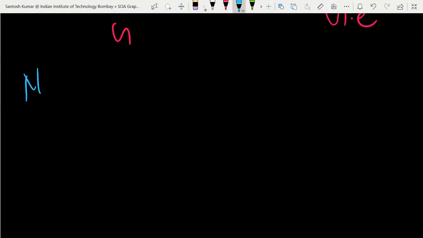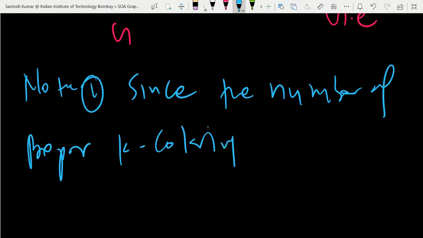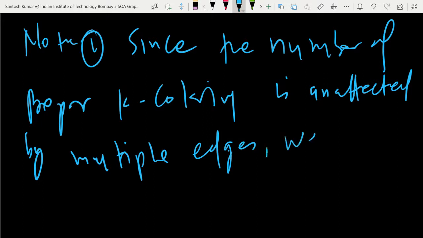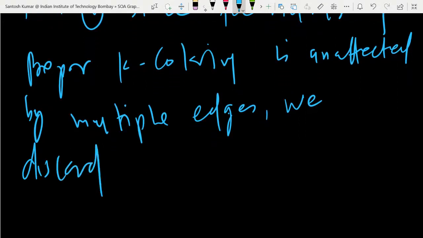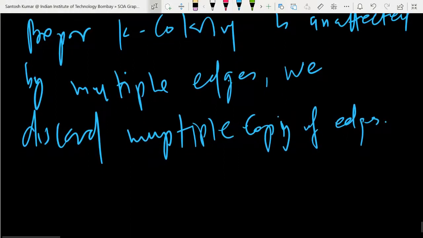You can write in a note or remark: since the number of proper K colorings is unaffected by multiple edges, we discard multiple copies of edges that arise from contraction.